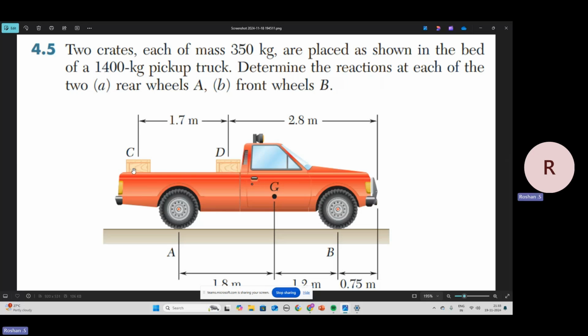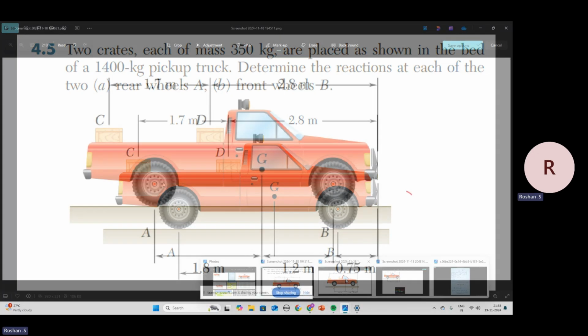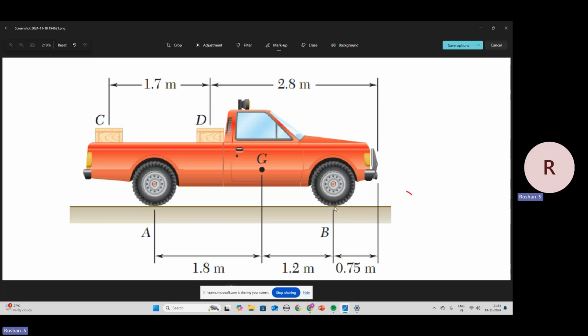So these two crates are placed on this truck, and the mass of this truck is concentrated at point G. With two front wheels, the normal would be 2B, and the rear wheels, it also has two rear wheels, so it would be 2A.